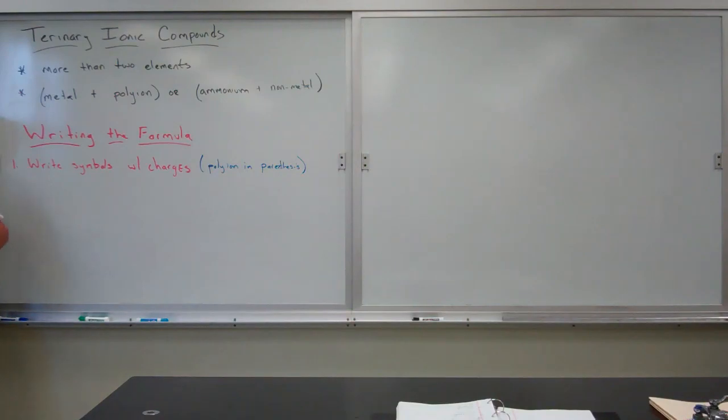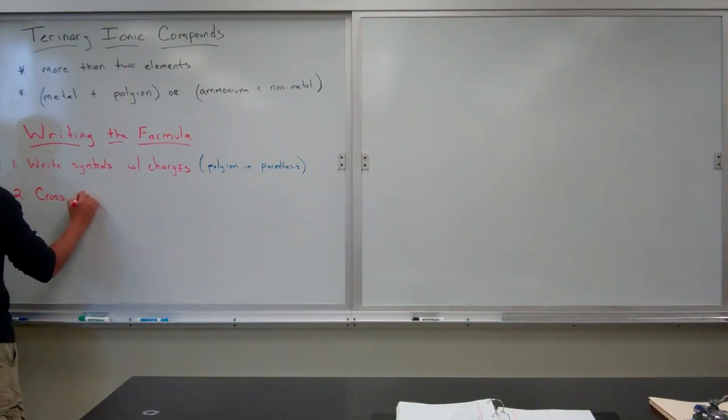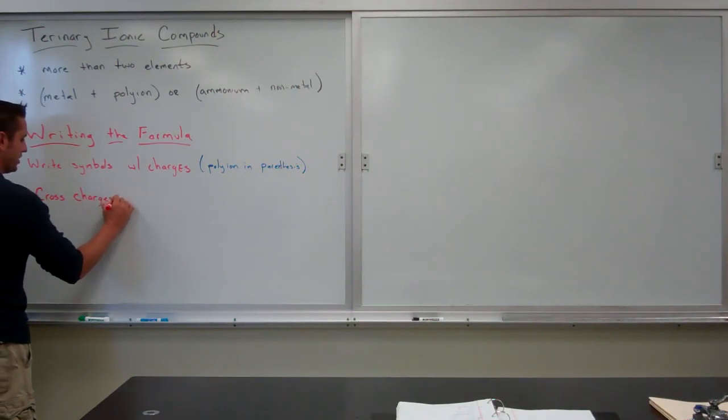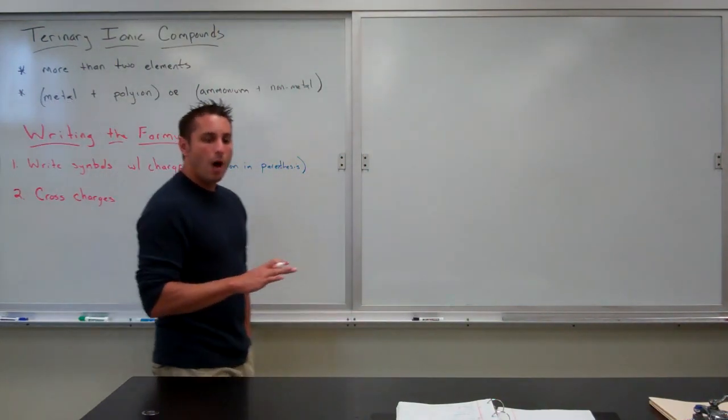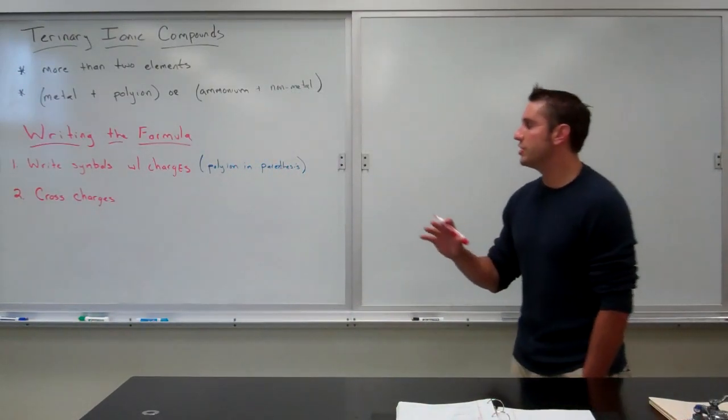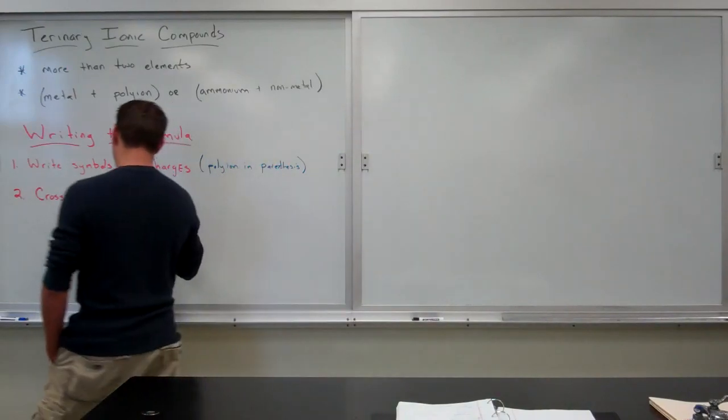Step 2, just like with the binary ionic, we're going to cross the charges, again, in number only. We're only going to cross the charges in number only.